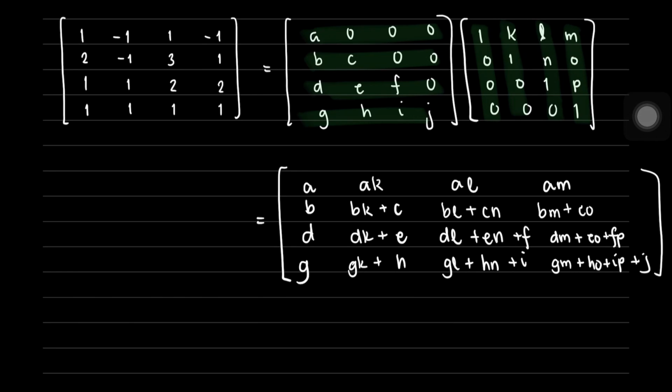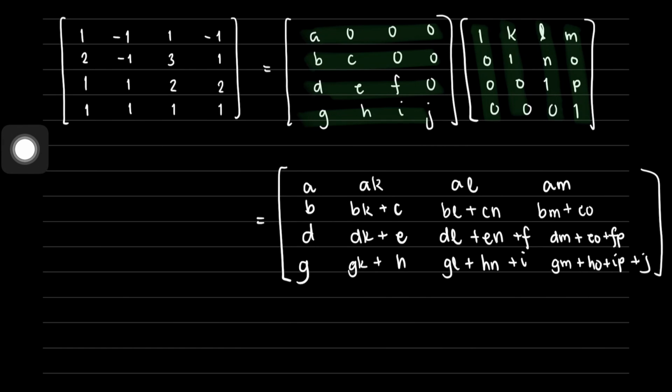Alright. Now, we already multiplied the lower triangular matrix in terms of variables here with the upper triangular matrix here. Now, what we are going to do is correspond the elements of the coefficient matrix to the resulting matrix here.